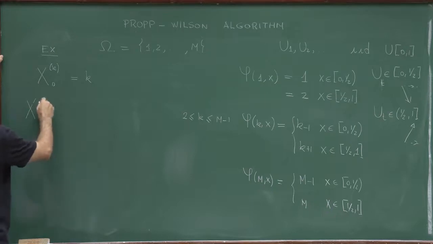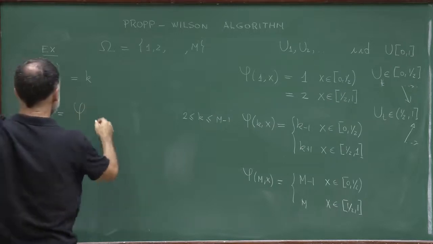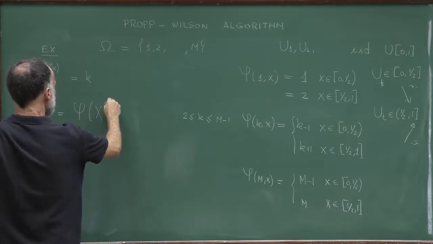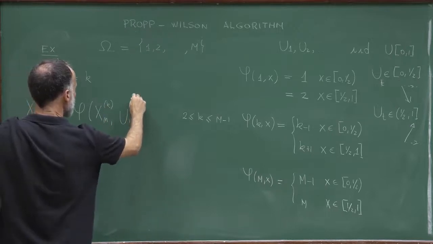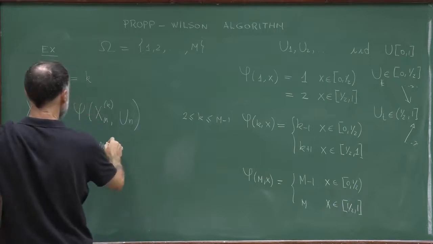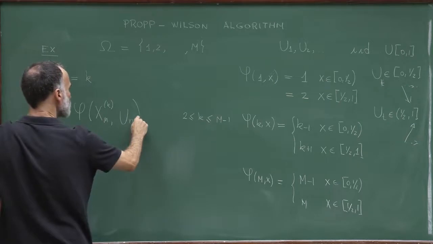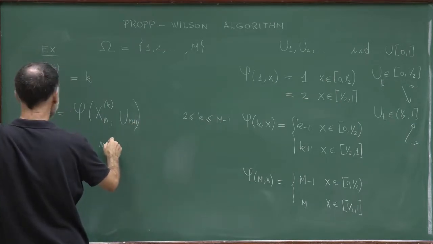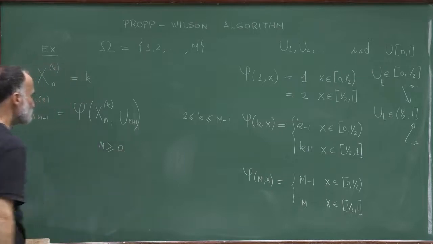So X^k_{n+1} will be equal to phi_{X^k_n}(U_{n+1}), for all n larger than or equal to 0.